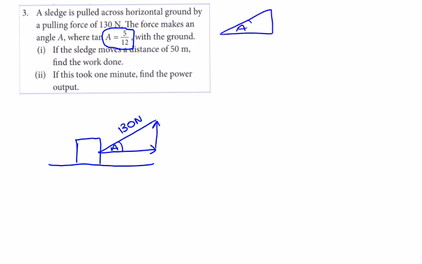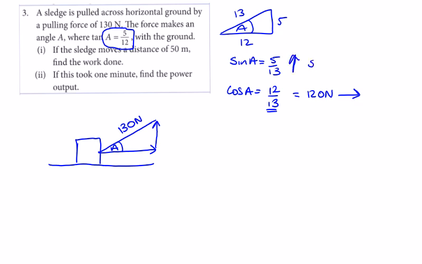Quick sketch always helps. 5, your opposite over your adjacent, you know this is 13. So sine A is opposite 5/13, and cos A, the one we want, cos A is equal to 12/13. So the relationship between 13 and 130 divided, we get 10, so this is going to be equal to 120 newtons, this force here. And this force here going in this direction will be 5 times 10, 50 newtons.